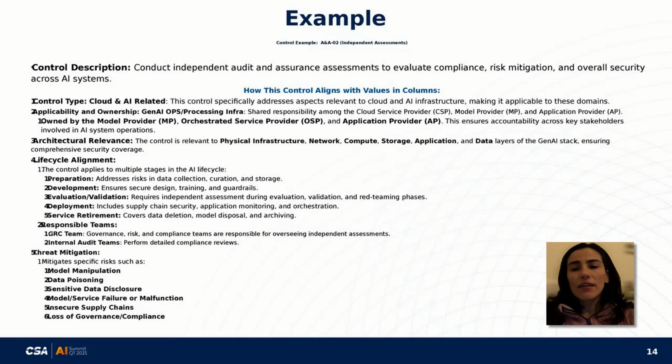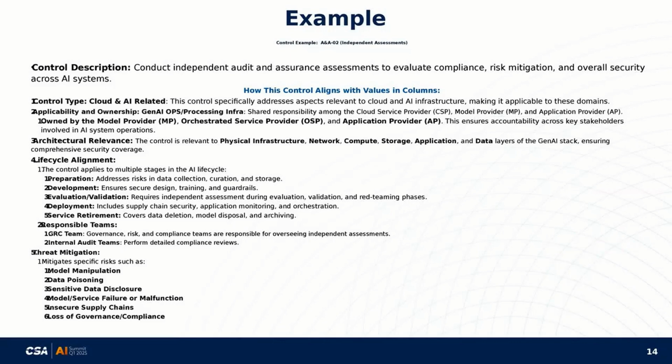And its lifecycle alignment covers the preparation, development, evaluation, deployment, and retirement phases of the LLM lifecycle. And the last category shows that this control, A and A02 independent assessment, mitigates the threats of model manipulation, data poisoning, insecure supply chain, and governance failure.